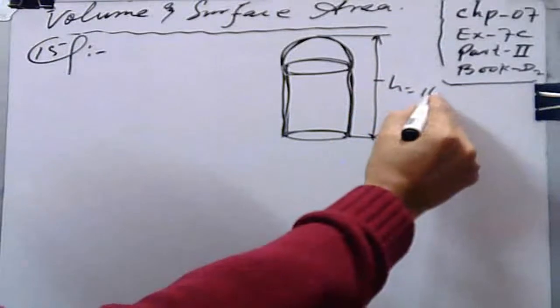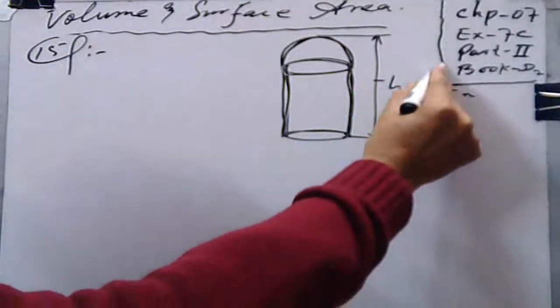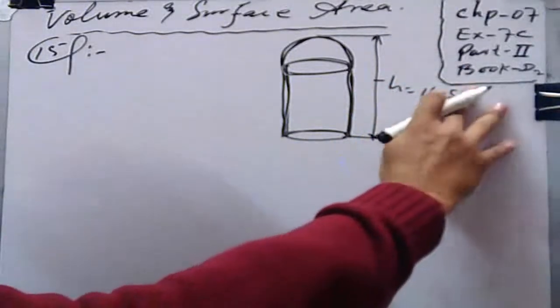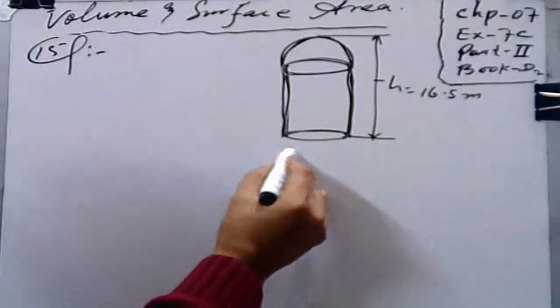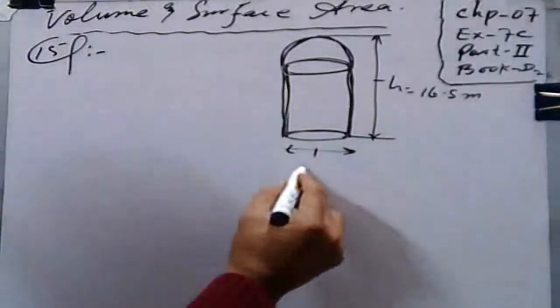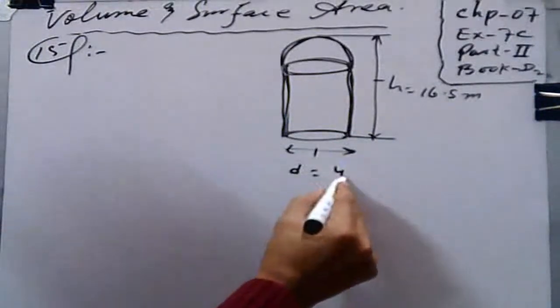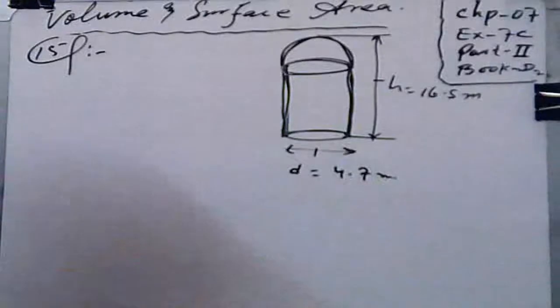First of all we have to find the volume of the hemisphere, then the volume of the cylinder. We add them and we get the capacity of the tank. From the given figure, if the diameter is 4.7, what is its radius?